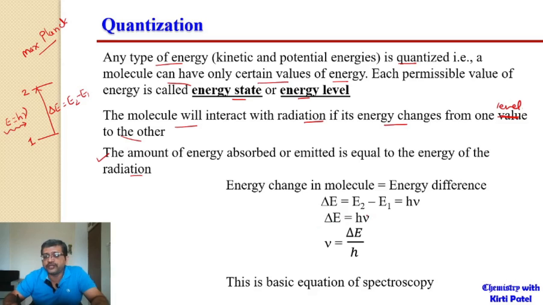So delta E equals E2 minus E1 equals h nu, or nu, the frequency of the radiation, can be calculated as delta E upon h, where h is Planck's constant. This is the basic equation for spectroscopy. That is, the frequency of the radiation absorbed will be equal to the change in energy between the two energy levels divided by Planck's constant.